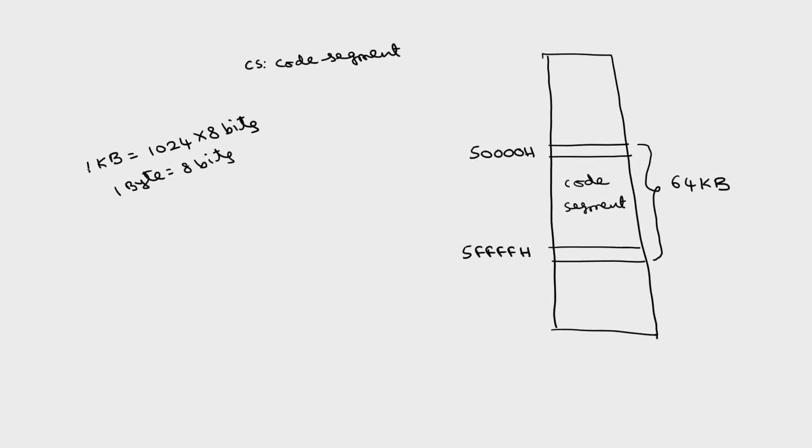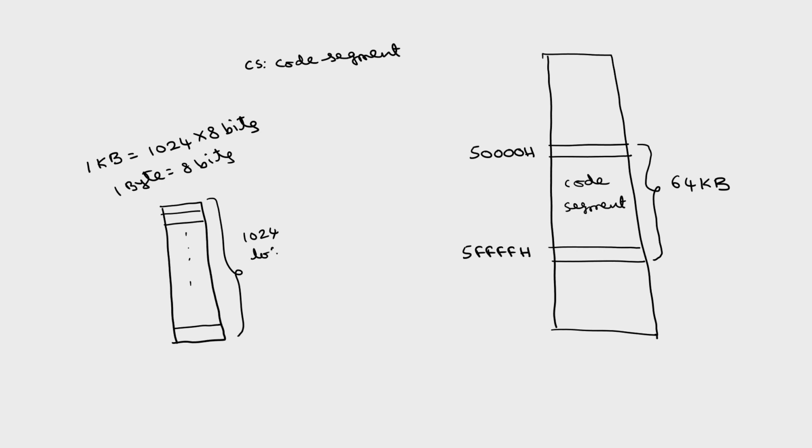The meaning of 1 kilobyte is that we will have 1024 locations, 1, 2, and so on up to 1024. And each location is capable of storing 8 bits of information. So, this can store 8 bits, and this can store 8 bits. This is the meaning of 1 kilobyte.